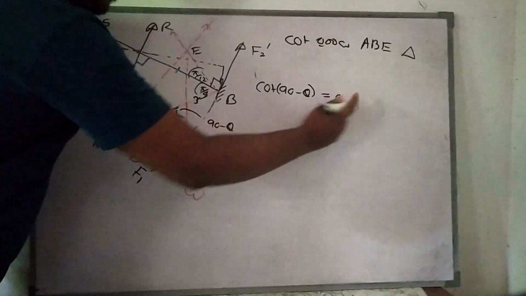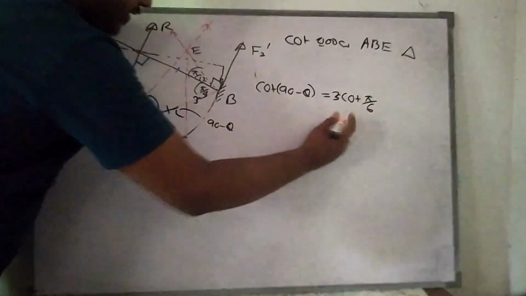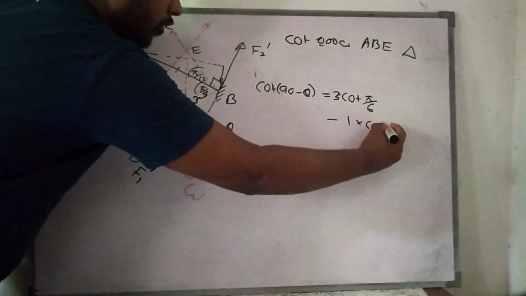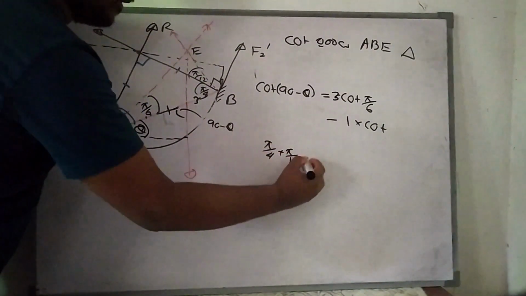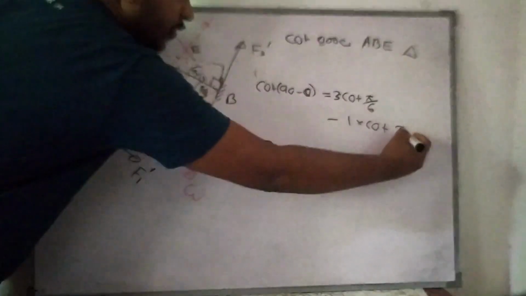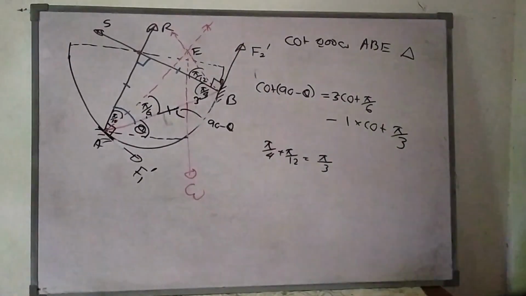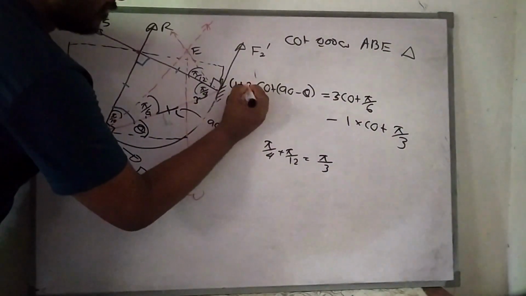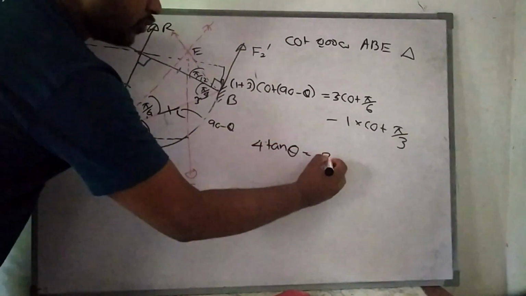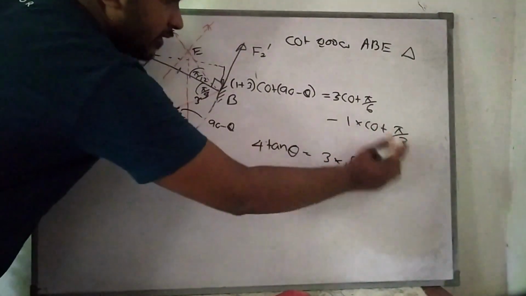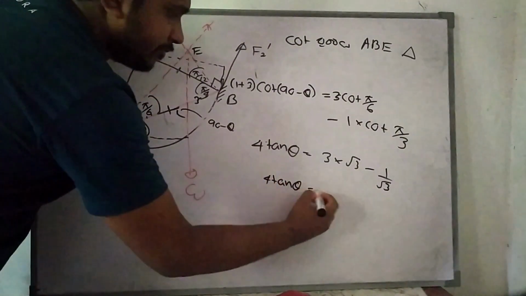1 plus 3 times cot 90 minus theta equals 3 cot 5 pi by 6 minus 1 cot. So we have to find that angle. It's 5 pi by 6 plus 5 pi by 4... So then 4 tan theta equals 3 cot 5 pi by 6, which is minus root 3, and 1 over root 3.